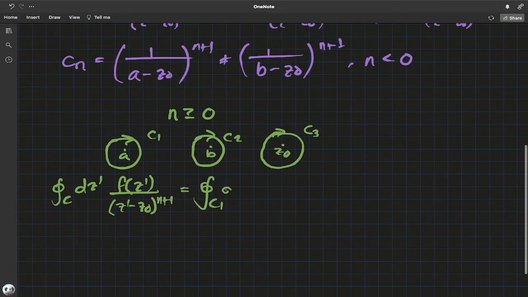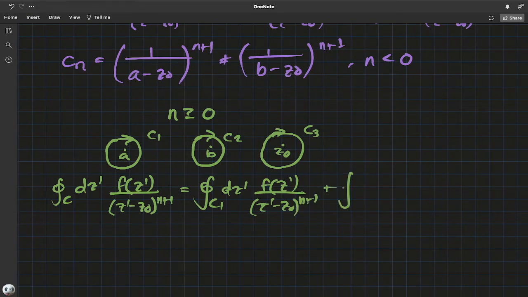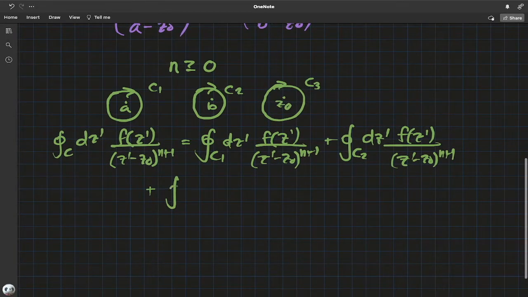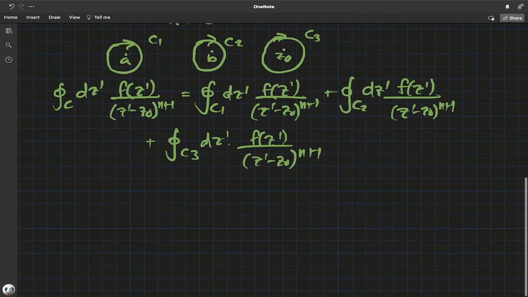So C1, dz' f of z' over (z' minus z naught) to the n plus first, added with C2, dz' f of z' over (z' minus z naught) to the n plus first, and then C3 of course, which wasn't there before, with (z' minus z naught) to the n plus first. And then for C1, nothing really changes. Now we can just multiply by the 1 over 2 pi i factor to get the coefficients.